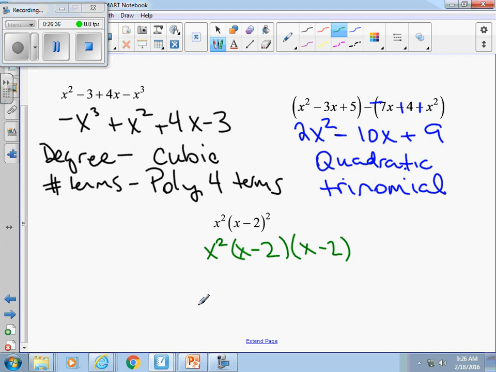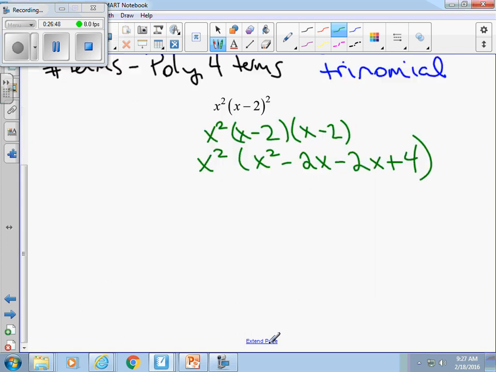Any questions so far? FOIL. So I get x squared minus 2x plus 4, x to the 4th. This is negative 4x, right?